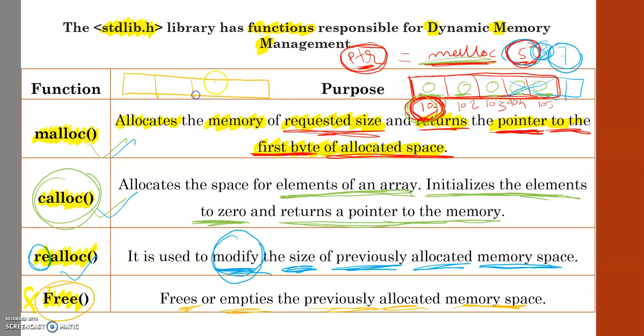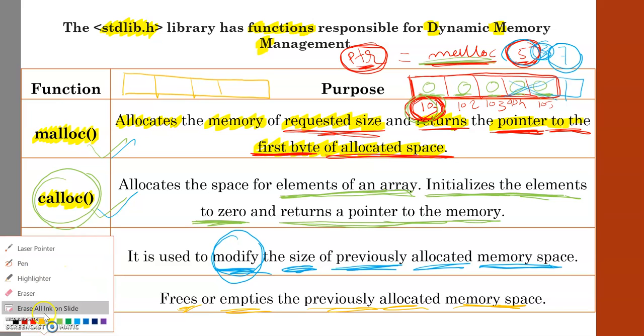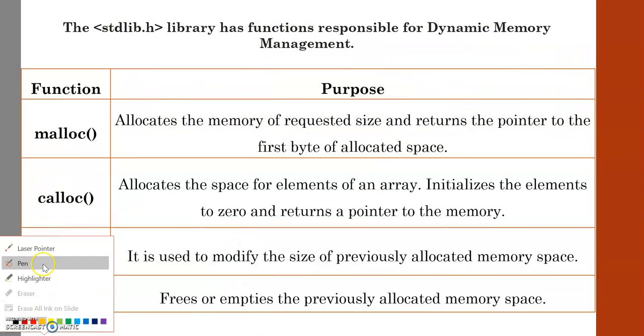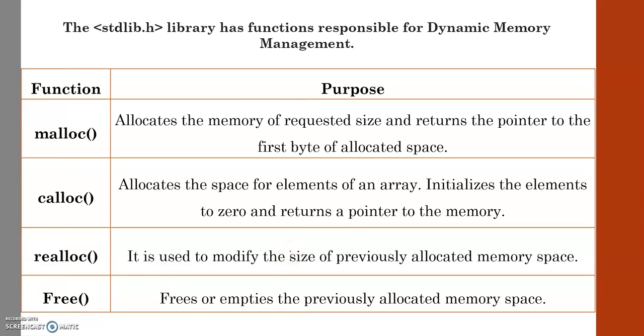Let me clear all the, okay, let's say that I have created the linked list: 3, 10, 5, 20, and let's say 2. This is my linked list. Now I want to delete the node. I want to delete this node.